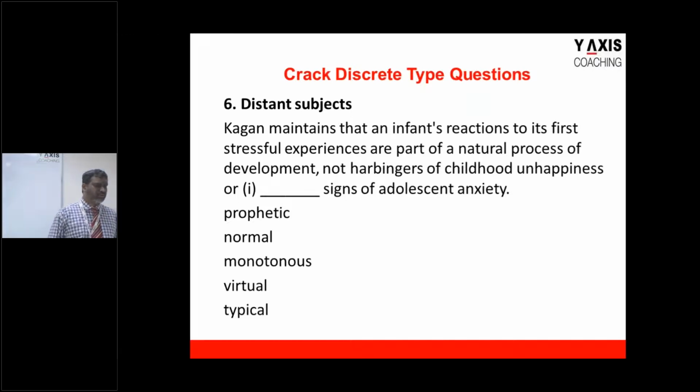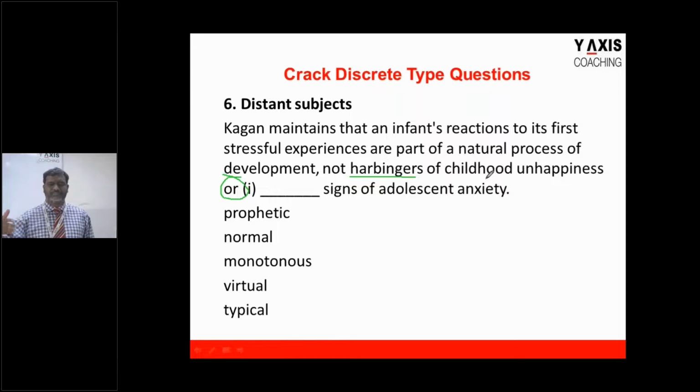And here we are talking about or, right? We all know how to use the word or, right? You have to balance between a sign and you have two equals here. What he's saying is that this is okay. It's a part of natural process and it has nothing to do with harbinger, right? It's a foresign.